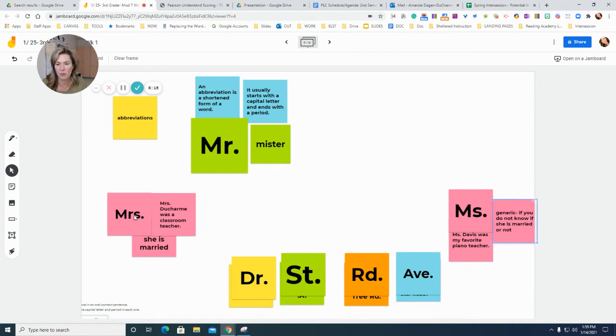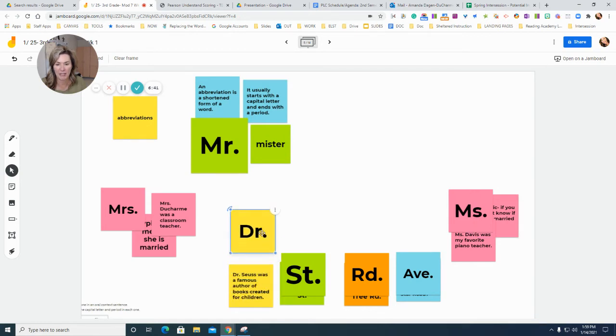So that is the difference between Mrs. and Ms. Mrs. sounds longer, and it has more letters. And then capital M-S is Ms., and it means that you don't know if they're married or not, so it's kind of generic.